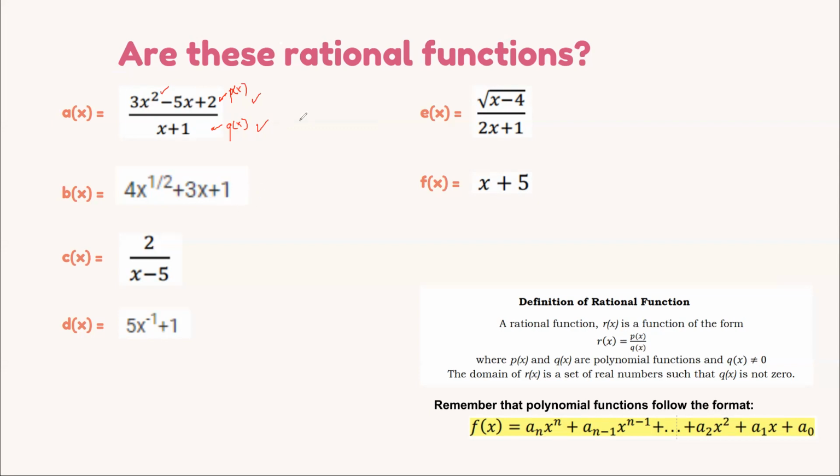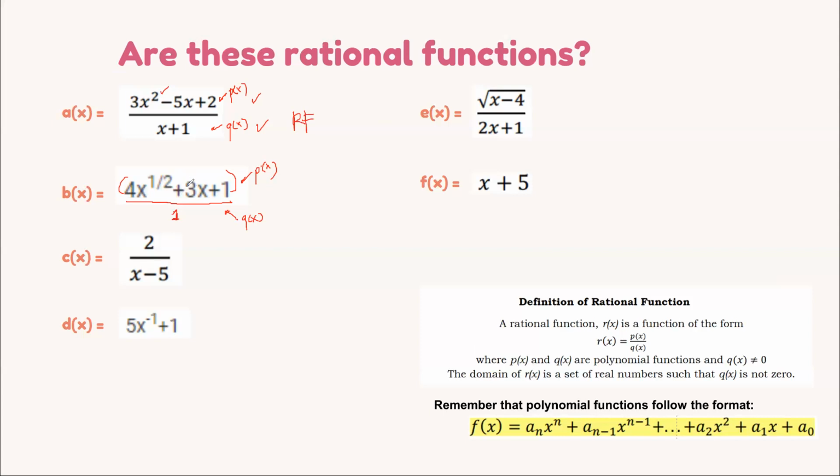What about B of x? Is this a rational function? Remember that B of x can also be taken as this whole expression over 1, so it can follow the form of P of x and Q of x. However, if this is our P of x, remember the rule in polynomial functions: our exponents should not include a fraction or a negative number.